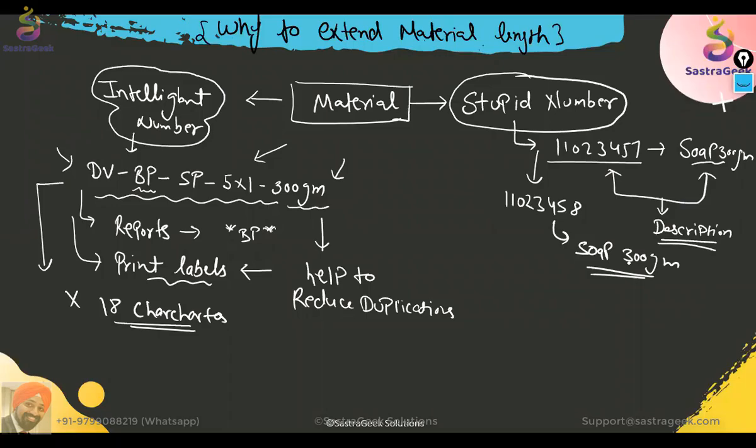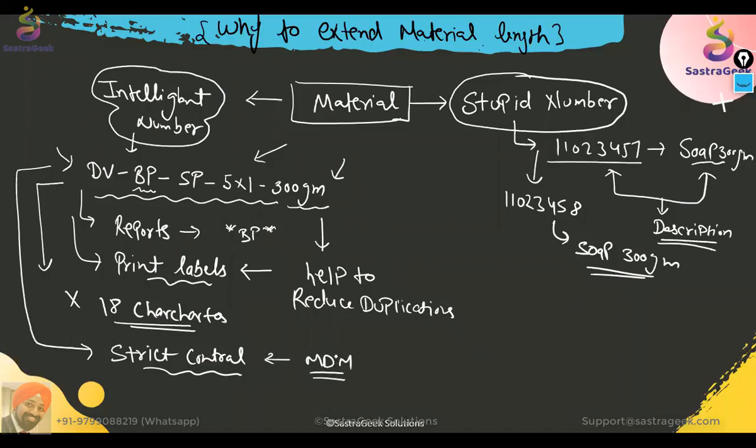That is the advantage of the left-hand side intelligent number, and that is the biggest reason why businesses want more than 18 characters. But there are also a few disadvantages. If you go ahead with this approach, you need very strict control. You need a master data management team who can govern and make sure that all the materials are created within the given nomenclature only.